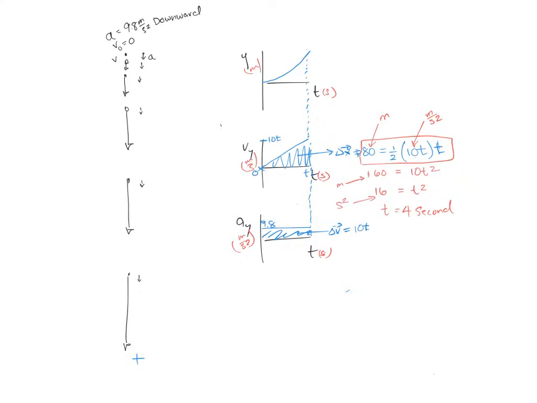When you divide meters by meters per second squared, it simplifies to seconds squared, which is the units here. And then when I took the square root, it simplified to seconds. So I'm pretty sure it's correct because the units work out. And that's the time to fall 80 meters.